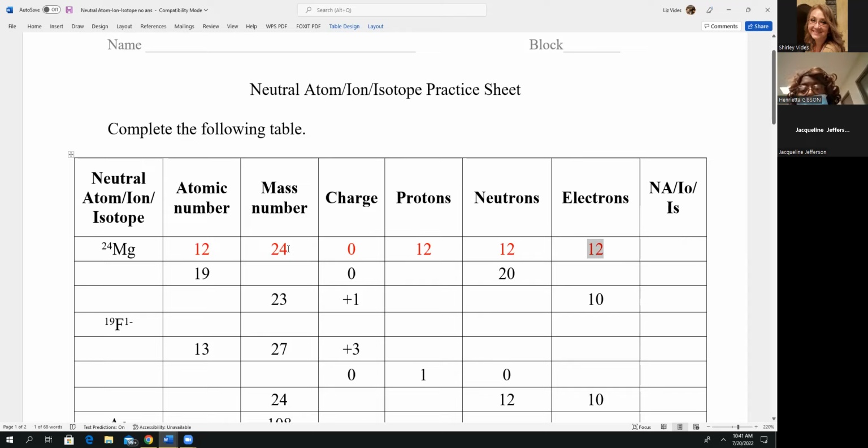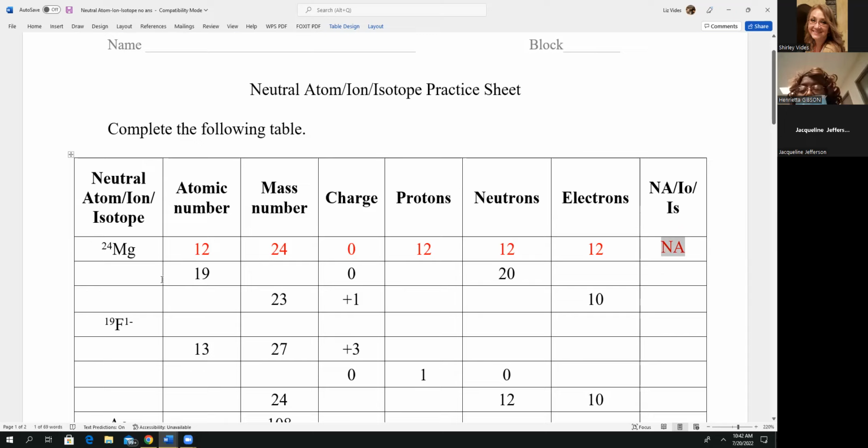And we check if the mass number is different from the one on the periodic table. It says 24.31, which we round to 24. So no, this is a neutral atom. I'm just going to write NA because neutral atom doesn't fit. So that's what we know.